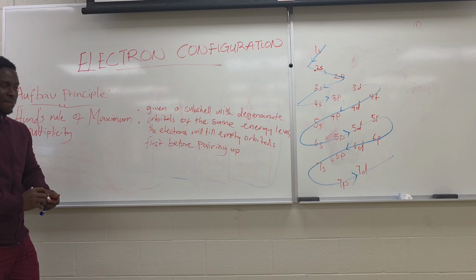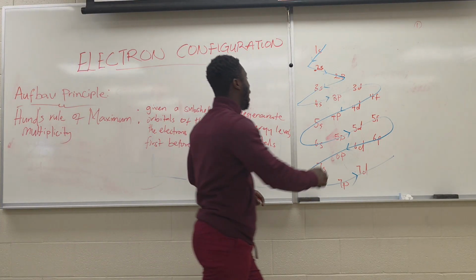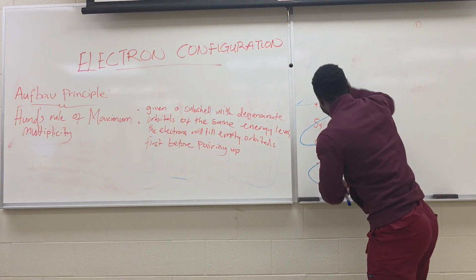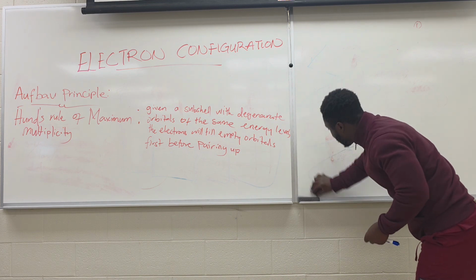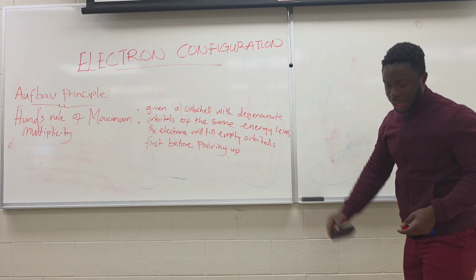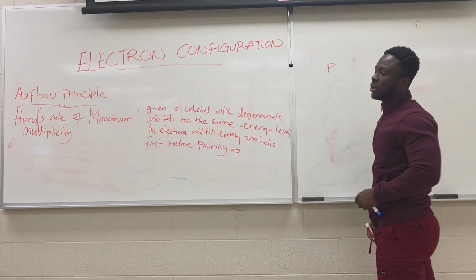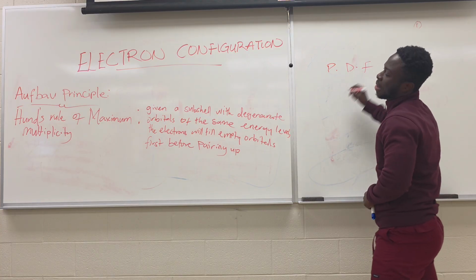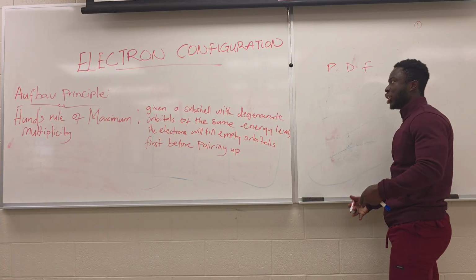Right? Because an orbital can take two electrons. So this rule would apply only to subshells with degenerate orbitals. It would apply to the P subshell, the D subshell, and the F subshell. It wouldn't apply to the S subshell because it doesn't have any degenerate orbitals.